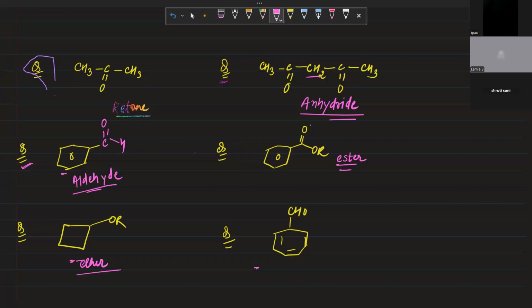NaBH4 is just for oxymercuration. Yes. Okay, hydroboration oxidation, is it just H2O, OH and then peroxide for hydroboration?